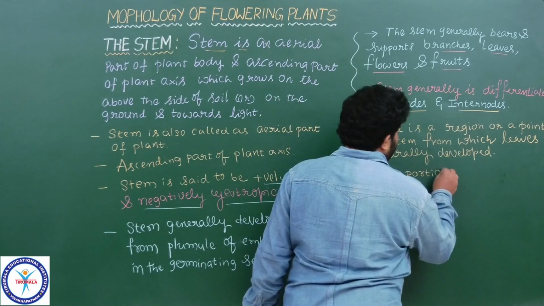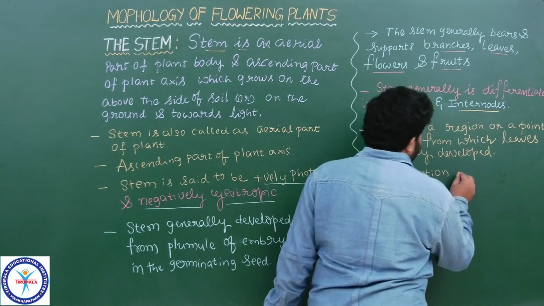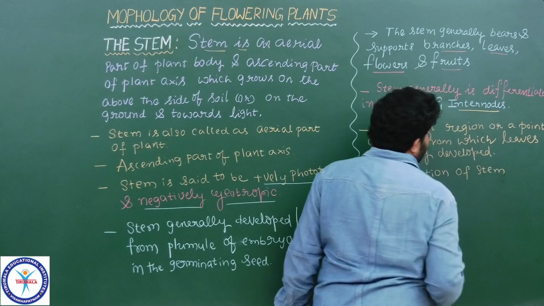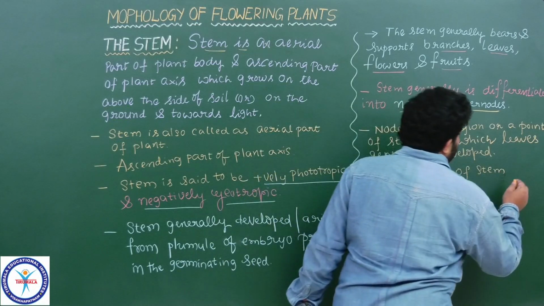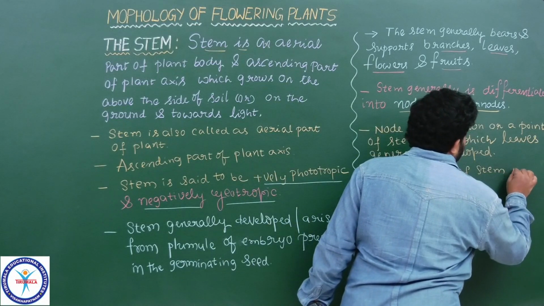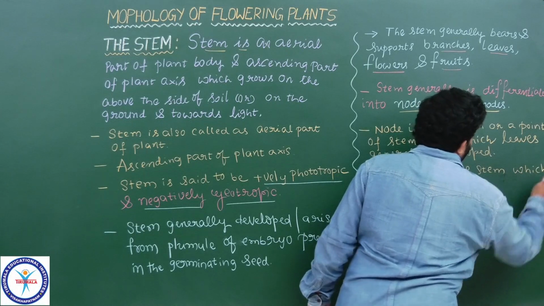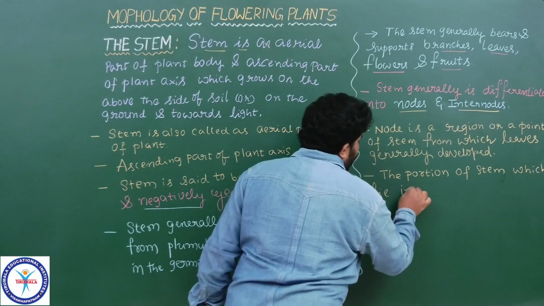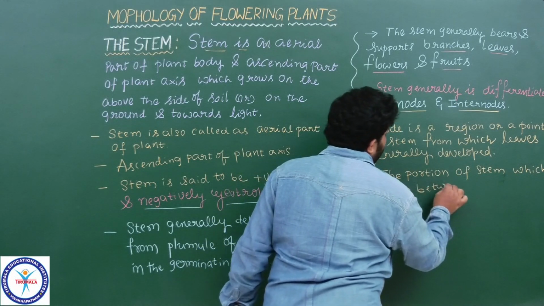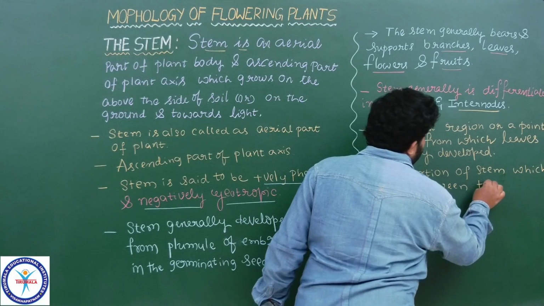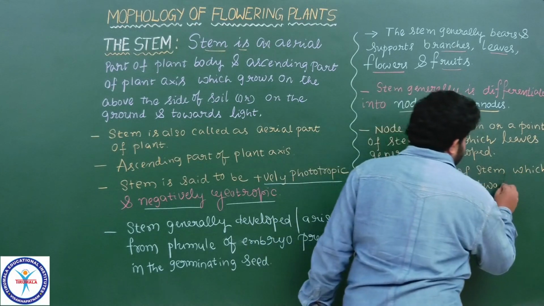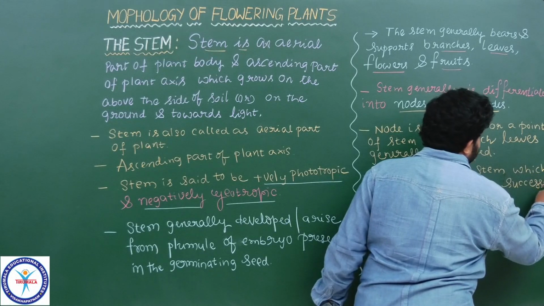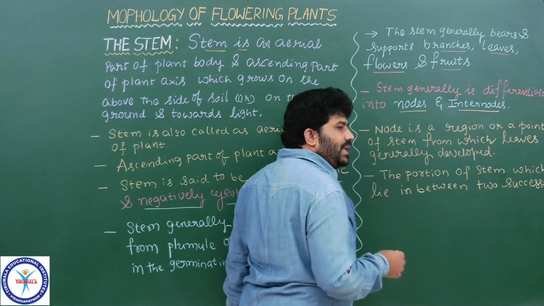The portion of the stem which lies between two successive nodes, node to node without any gap.